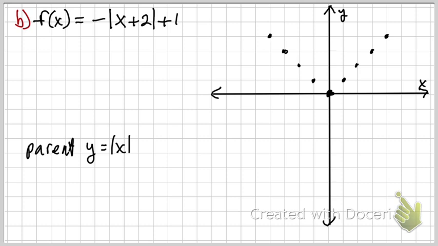When you see that parent function, you ought to think this shape right here. Now, since these are straight lines, I'm only going to need just a very few points to do the translation.